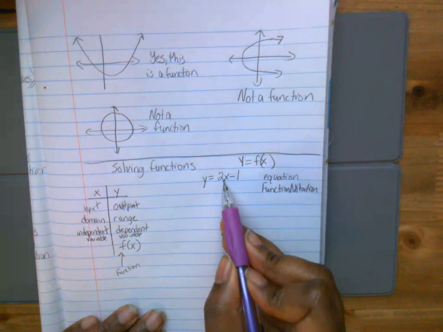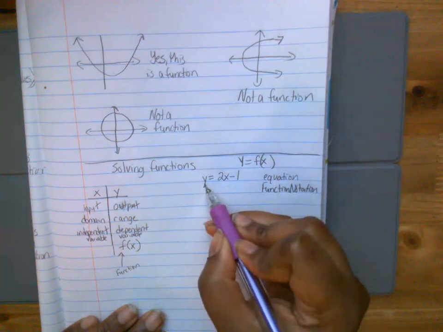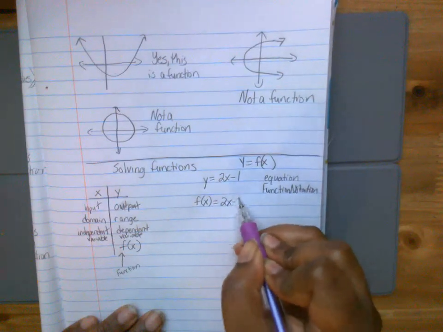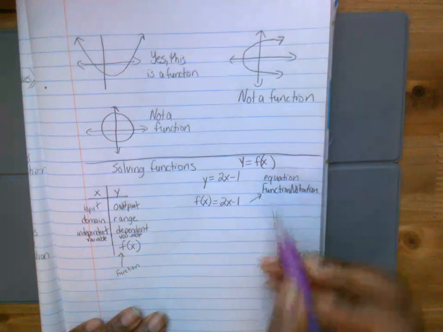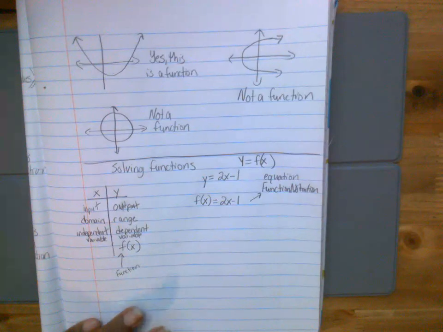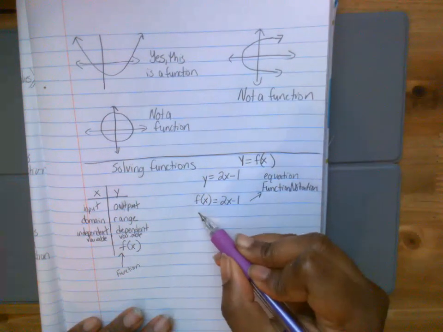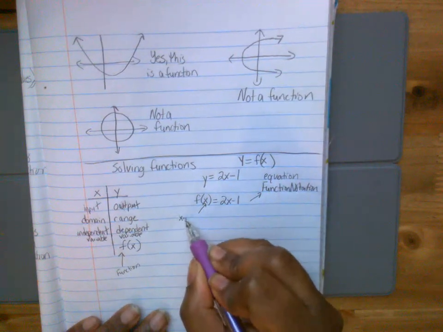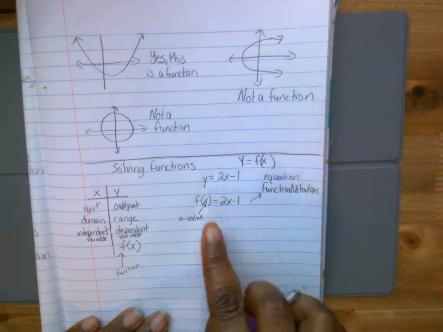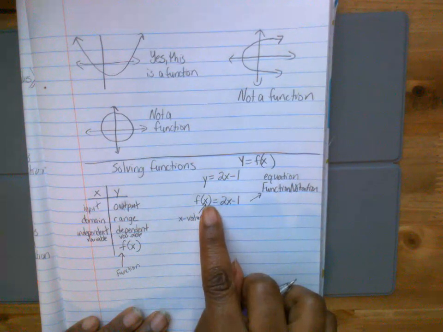So to write this as function notation, instead of writing y, I'm going to write f of x. And now this equation is written in function notation. The number that's in parentheses is going to be the value for x. This is my x value. So in order to figure out what y is equal to, they have to give you an x value.